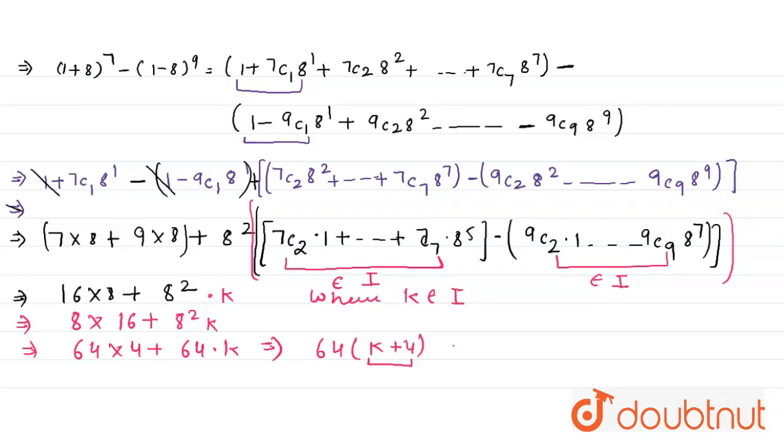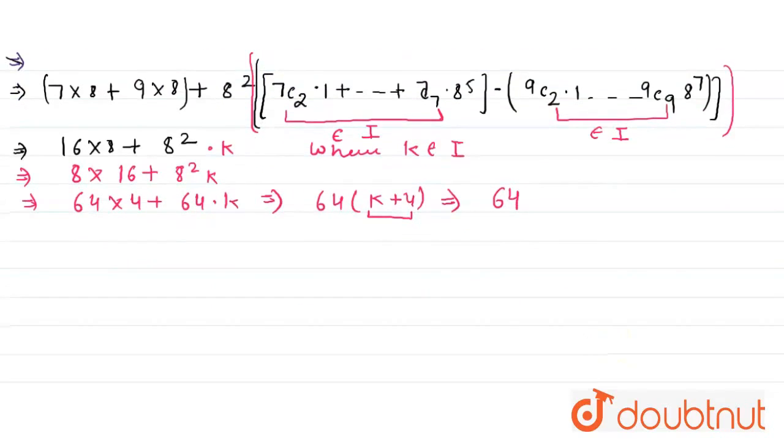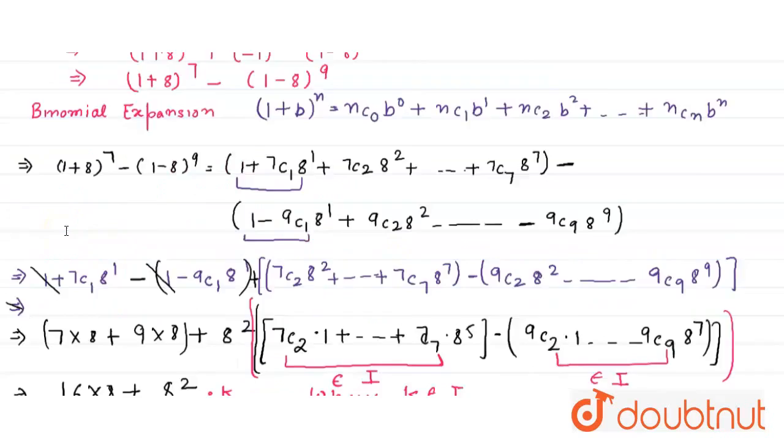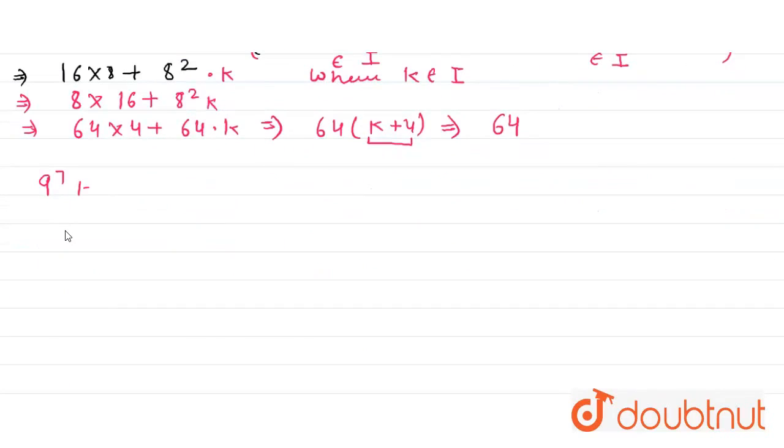So this expression is basically 64 times an integer. So 9 raised to the power 7 plus 7 raised to the power 9 is equal to 64 times an integer. Now you can say it is divisible by 64.